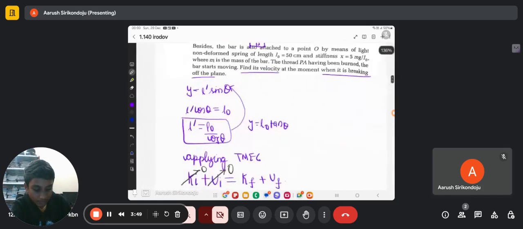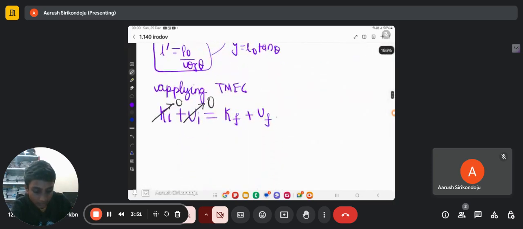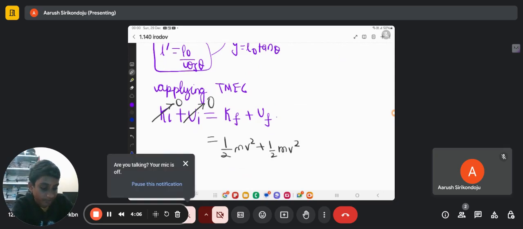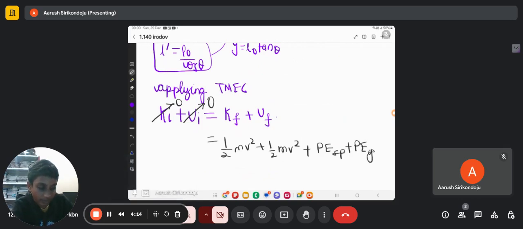Hence, for the system, the final kinetic energy is half mv square for bar A, and half mv square for block B, and potential energy of the spring plus potential energy due to gravity.